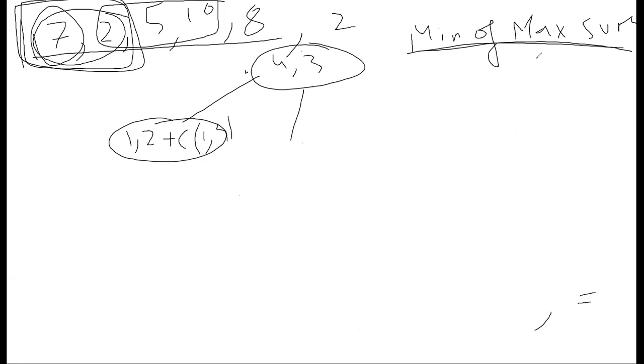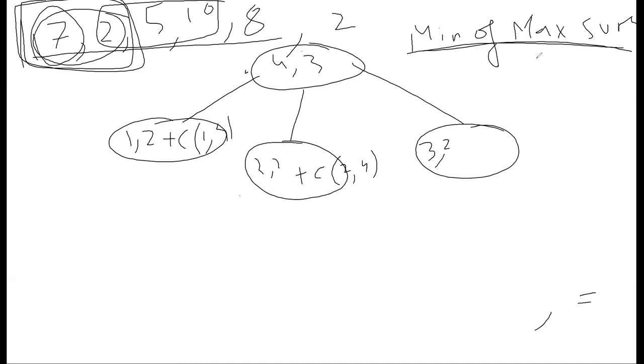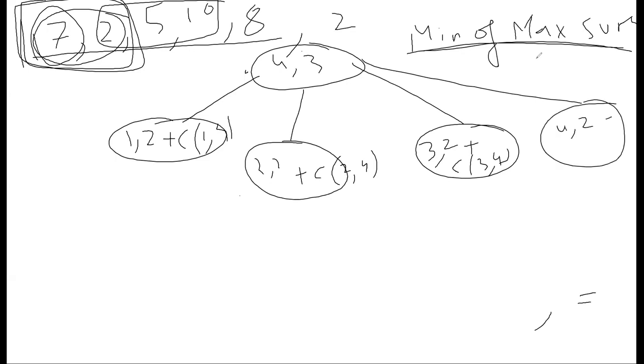Other branch will be 2, 2 plus, it's not exactly plus, but the other set, cumulative sum from 2 to 4. Again, going here, it will be 3, 2 plus cumulative sum from 3 to 4. 4, 2 plus cumulative sum from 4 to 4.